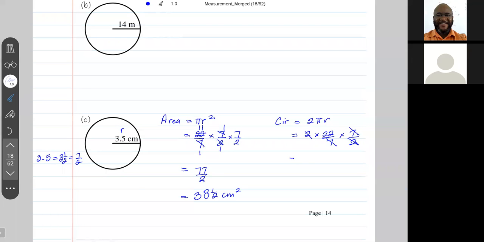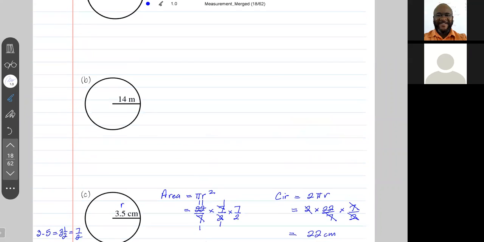The circumference is 22 centimeters. Guys, what I just did for C, please do the same for A and B. Calculate the area and the circumference of the circles.